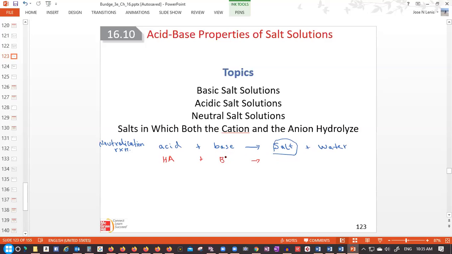Usually we're working with hydroxides, so it's going to be a hydroxide.